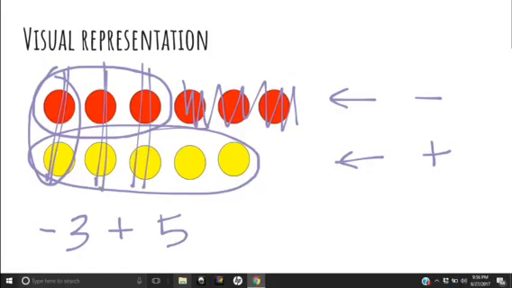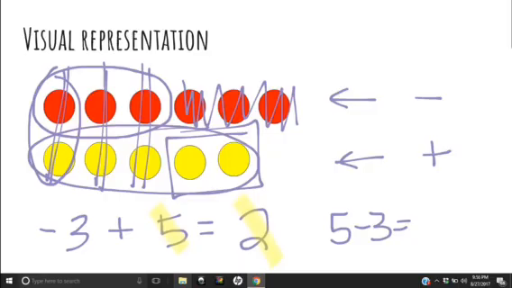Here's another one that cancels out. You're left with positive 2. So we'll think about the rule we just learned. 5 is bigger than 3. 5 is positive. Your answer is positive. You'll also notice that 5 minus 3 is 2. And so even though we were adding, really, we subtracted to get the 2.